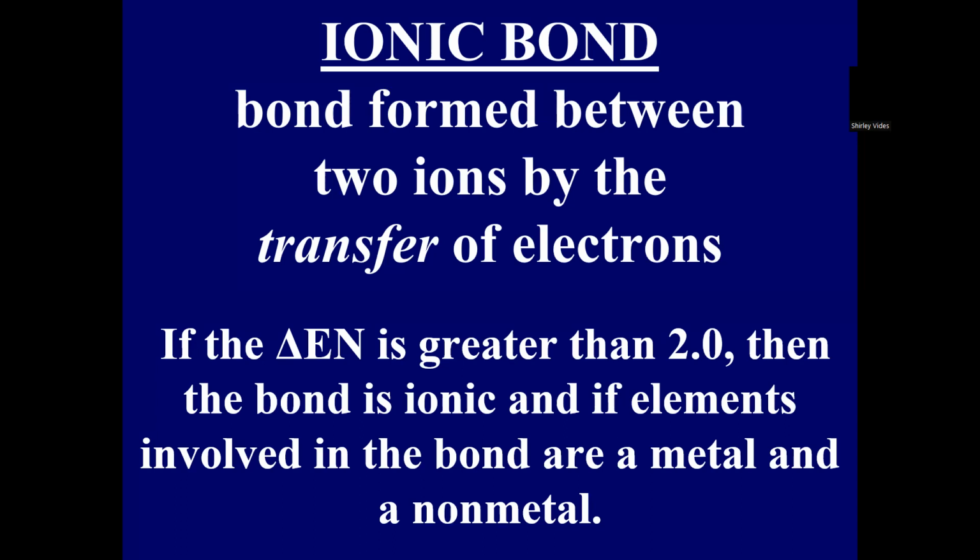And the most important part here is that the elements involved are a metal and a non-metal. That's how you know you have an ionic bond, because you have a metal and a non-metal in a compound.